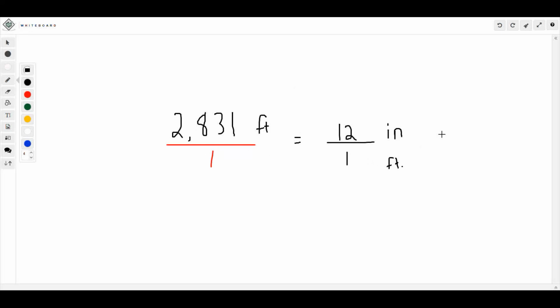So basically, we just take this many feet and we multiply it by 12 inches, because we can do it by cross multiplication. So 2,831 feet times 1 gives you 2,831 feet. And then 1 times 12 gives you 12.